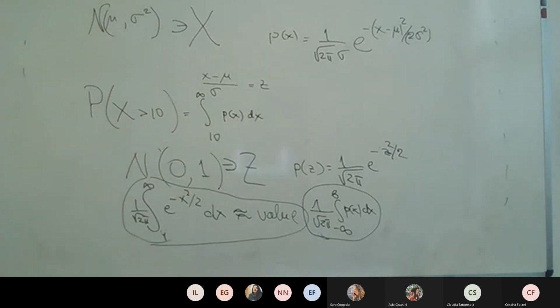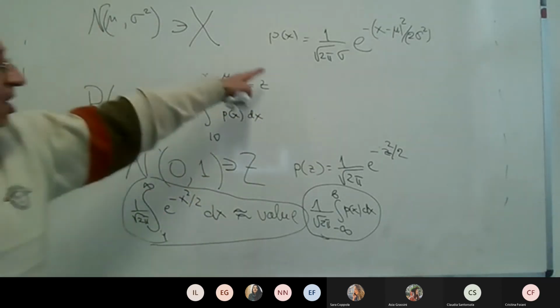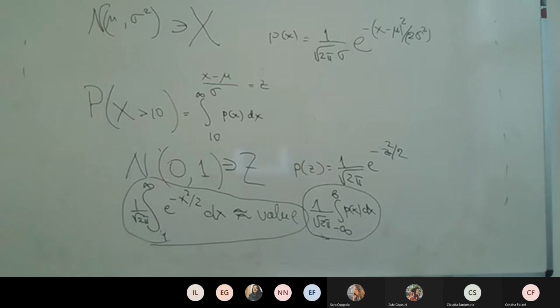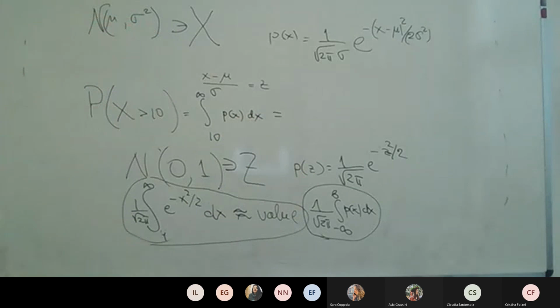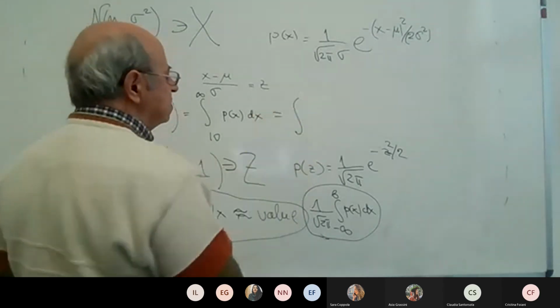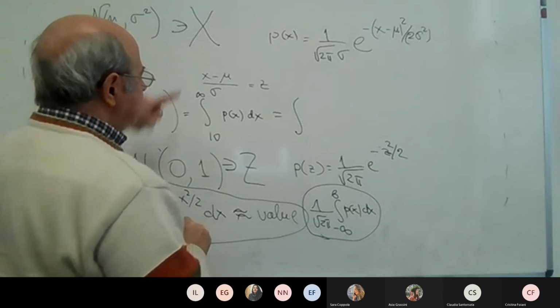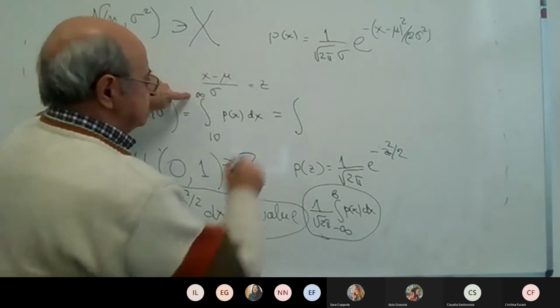But in this integral, we can make a change of variable. When x is 10, what is zeta? When x is infinity, zeta is plus infinity.